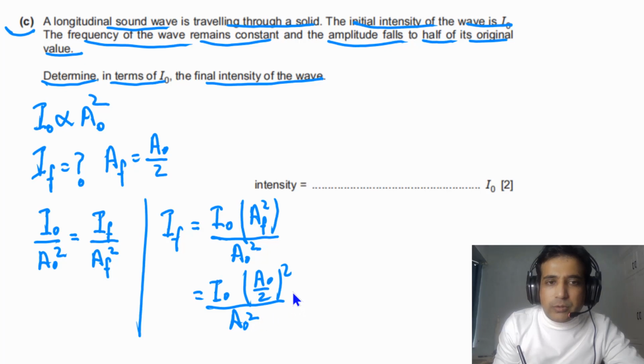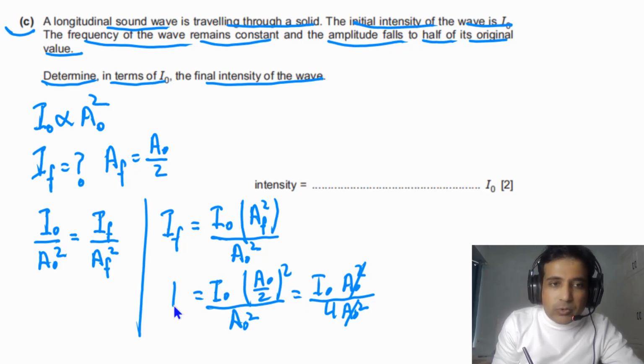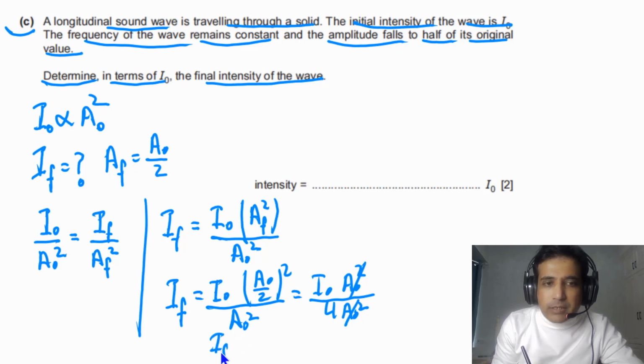From here we can write I naught, and here we will have A naught square, divided by 4 A naught square. So we can cancel A naught square with A naught square, and we are left with I_F. So I_F in this case is equal to I naught by 4, or we can say this is equal to 0.25 times I naught.